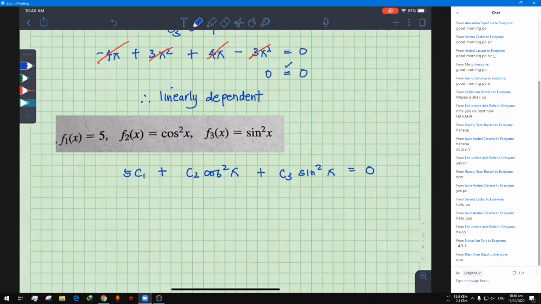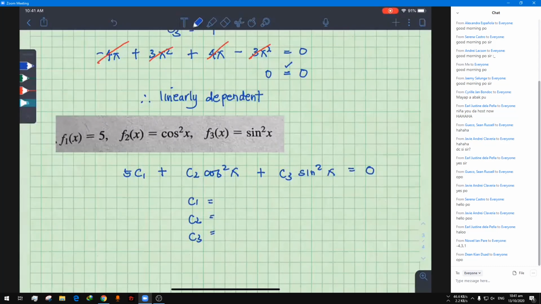So what values of C1, C2, and C3 will make it 0? Actually, there are many possible answers, but just give one only.